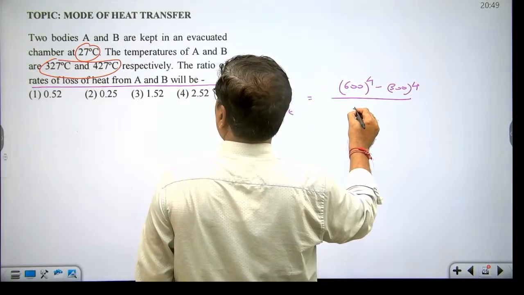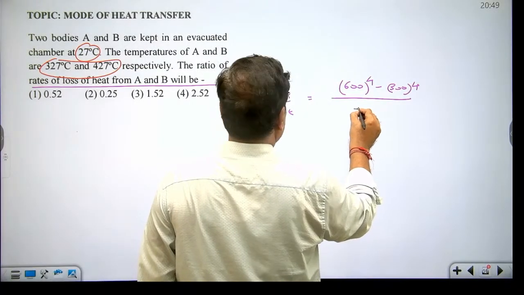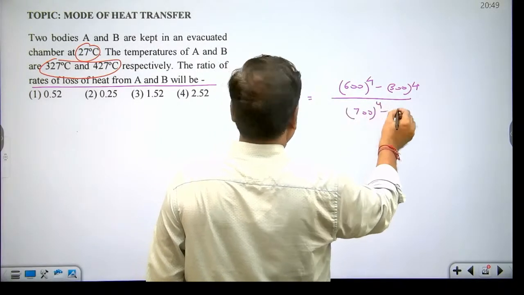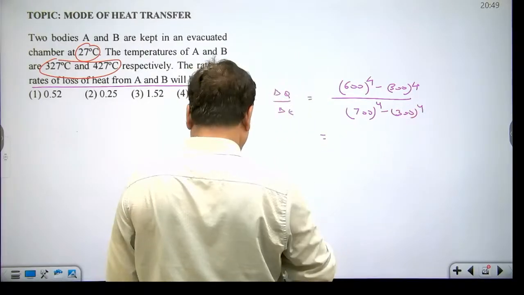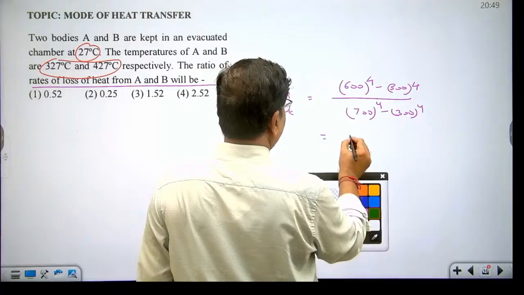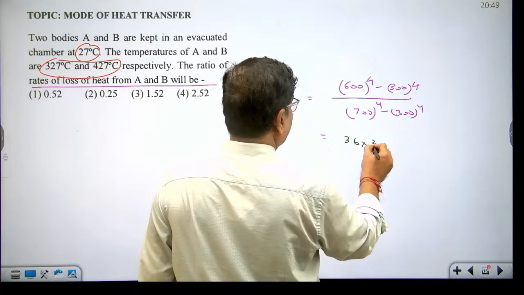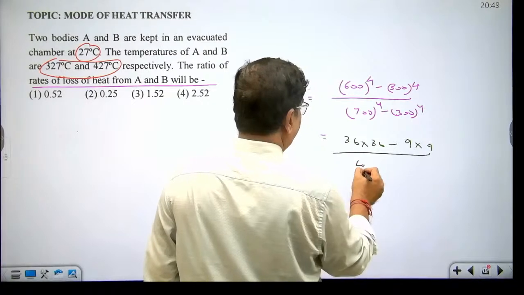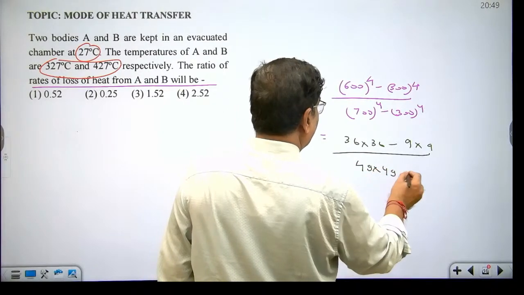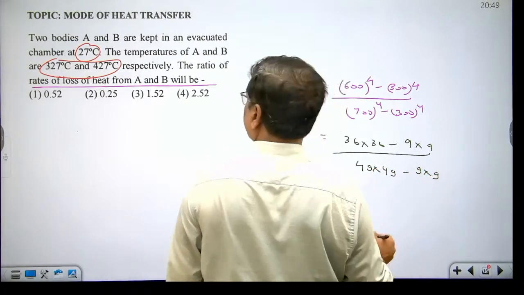And then 427, 273, 700 power 4 minus 300 power 4. After solving this, we will get 36 into 36 minus 9 into 9 divided by 49 into 49 minus 9 into 9.